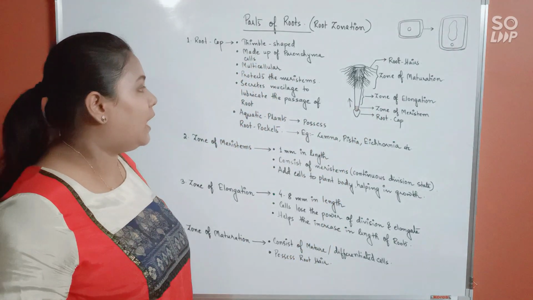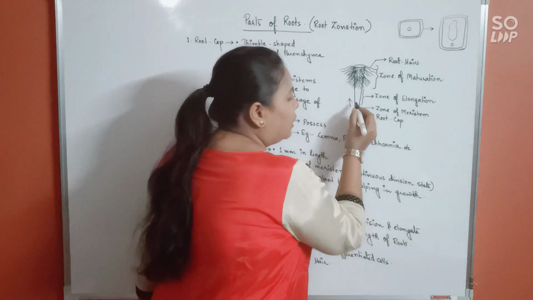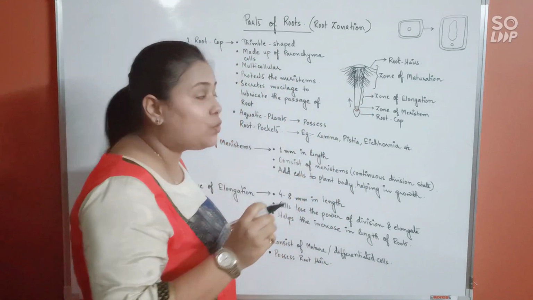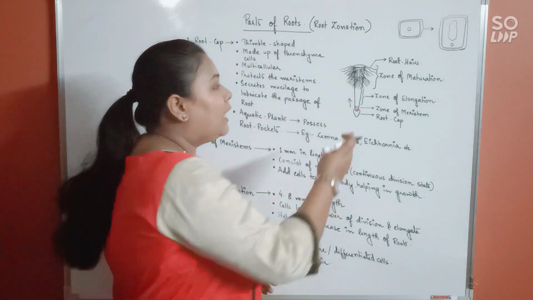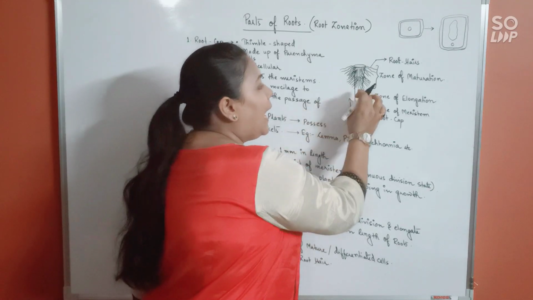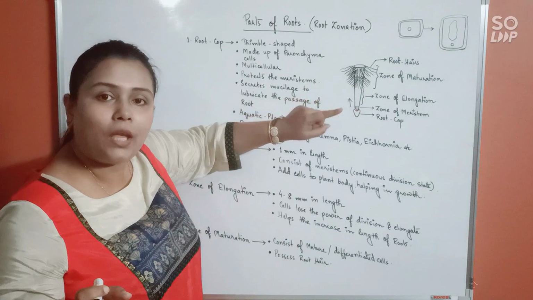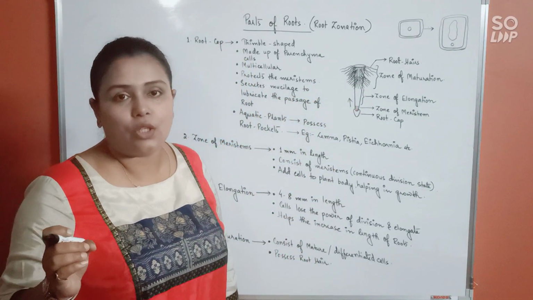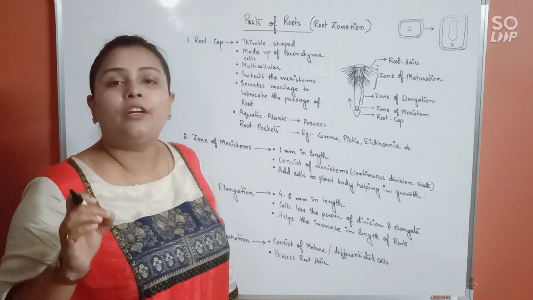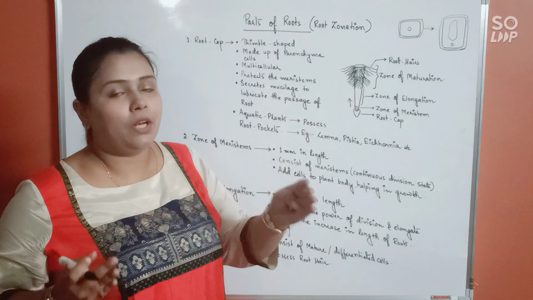What I am trying to say here is that the zone of elongation consists of cells which are the product of the meristems. The meristems are dividing and continuously adding cells, and these cells form the zone of elongation. By the time the cells are in the zone of elongation, they do not divide further; rather they now start to form a vacuole, due to which the cells will elongate.